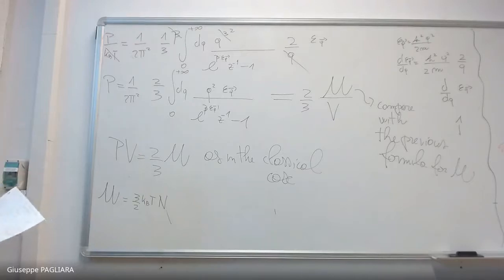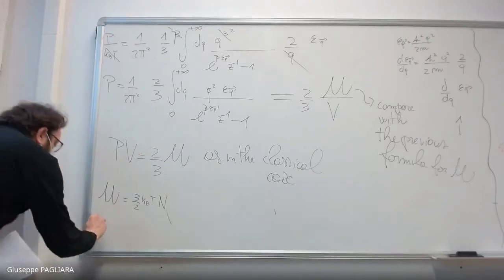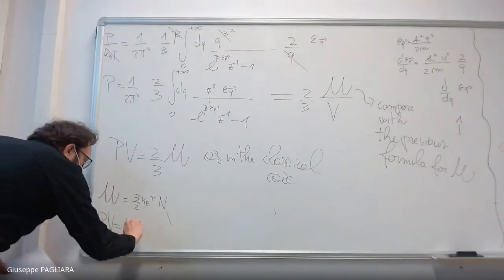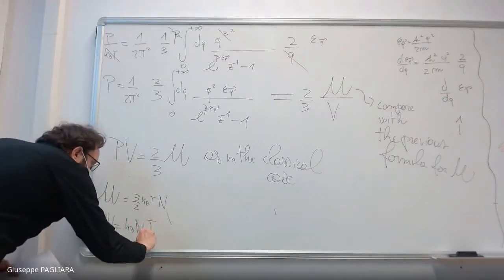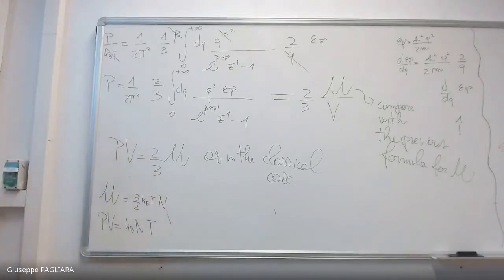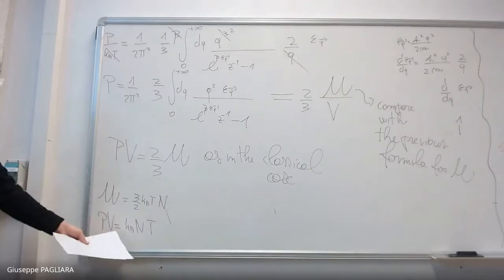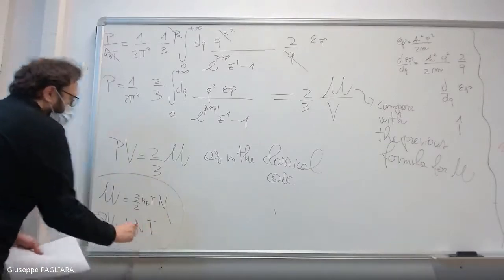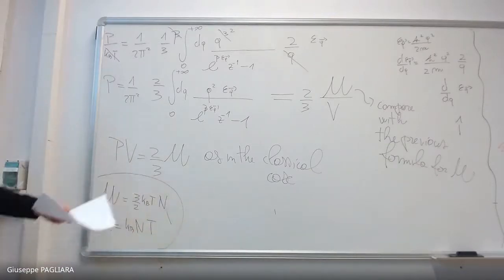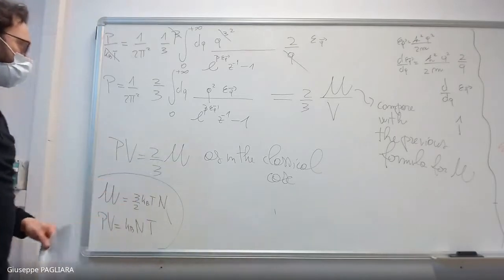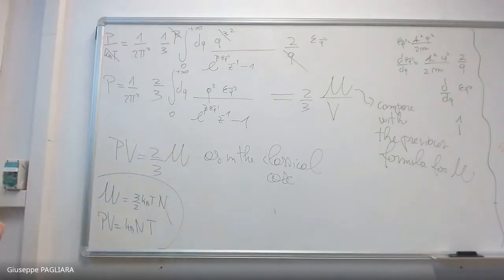Whereas PV is equal to kB N T. So from the classical equation of state, you see that PV is 2/3 U, as in the case of the Bose-Einstein particles, or the Bose particles.